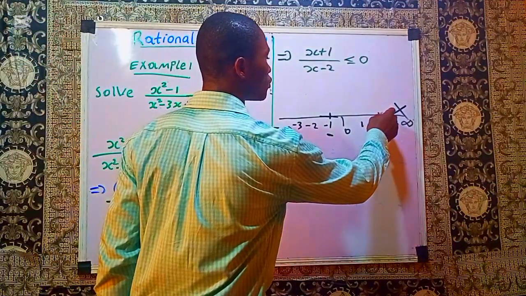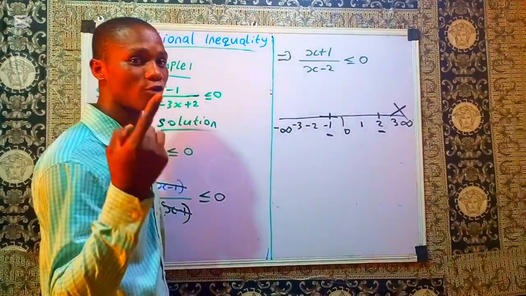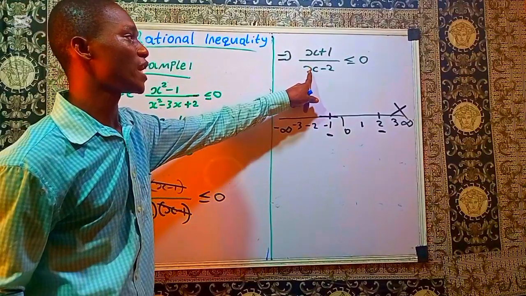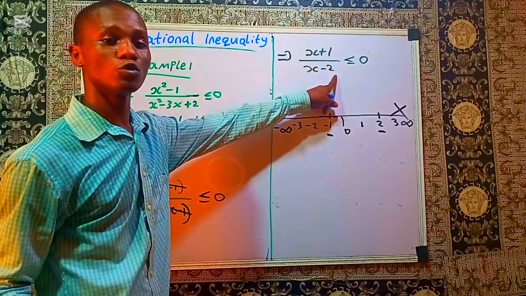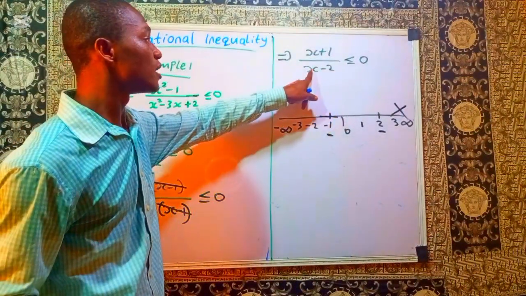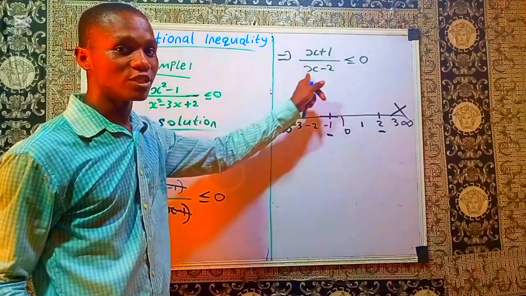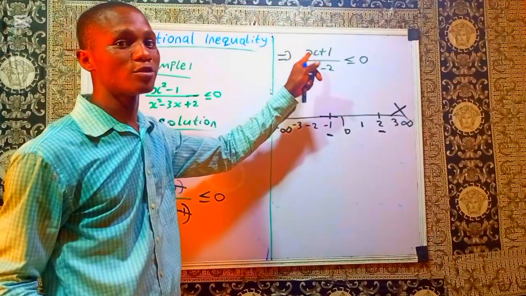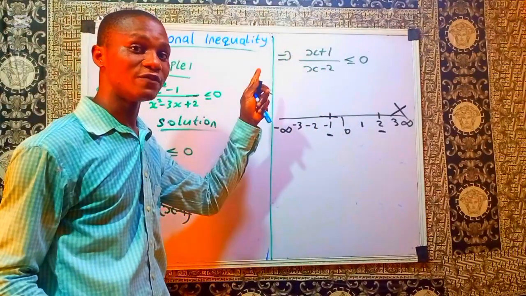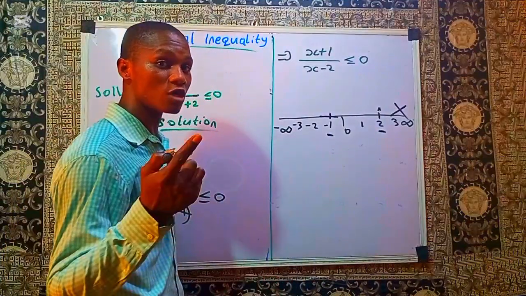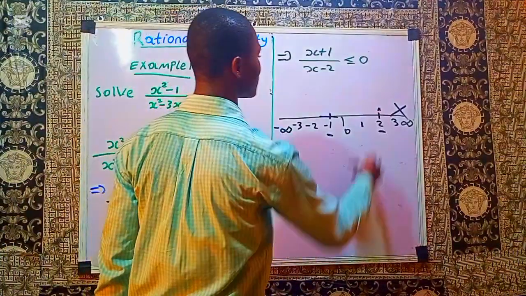Of course, 2 itself is a wrong option, because if you put 2 here, you have 2 minus 2, which gives 0, making the denominator 0. And if the denominator becomes 0, you get infinity. So 2 is not a correct option, and we cancel 2.